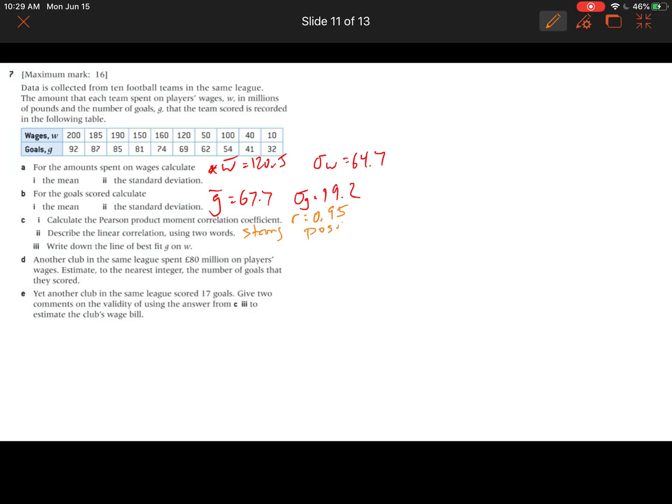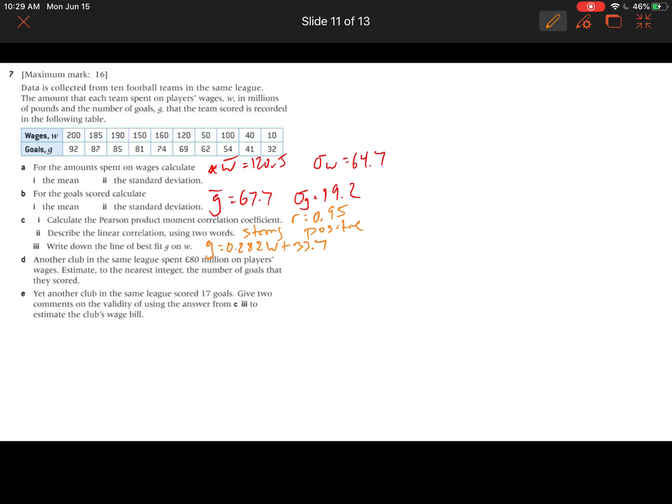Describe it in 2 words: it's strong and positive. And the line of best fit here, this linear regression line, is G is equal to 0.282 W plus 33.7.